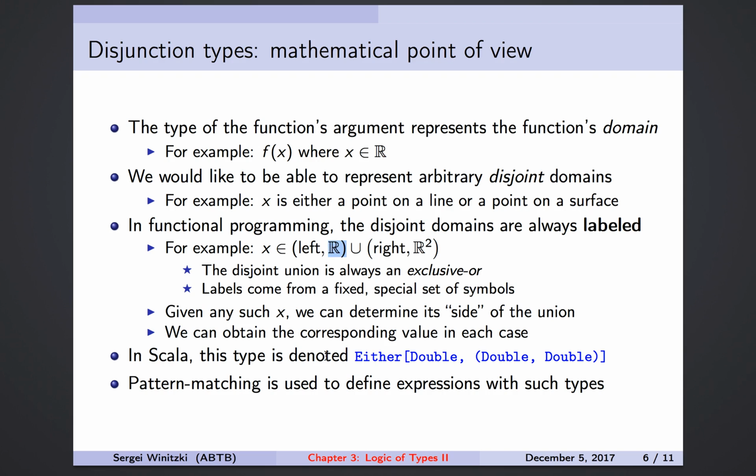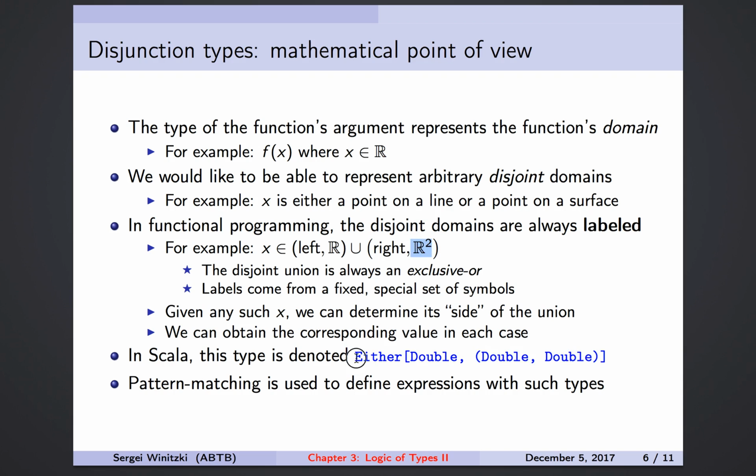So in Scala, this kind of type, this disjoint union or exclusive OR between the two domains, is denoted like this. It's a special type defined in the library called Either. It has two type parameters describing the two domains. The first, let's say Double, is describing this. And second is a tuple of two doubles, which describes this.